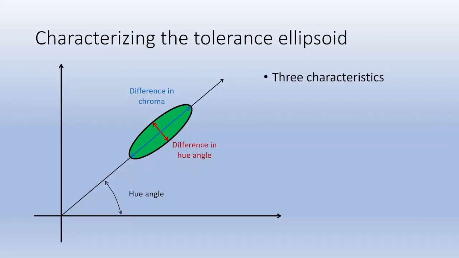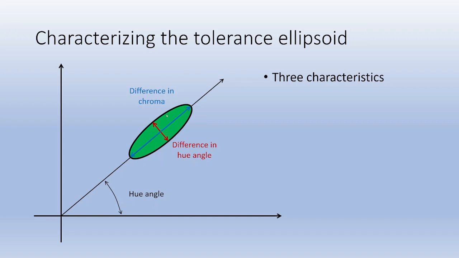There are three characteristics that define this ellipse. The first one is the hue angle, how that's oriented. There is the difference in chroma, which is the major axis here, going along this blue line. That's the difference in the C* value. And this red arrow tells us the difference in the hue angle.